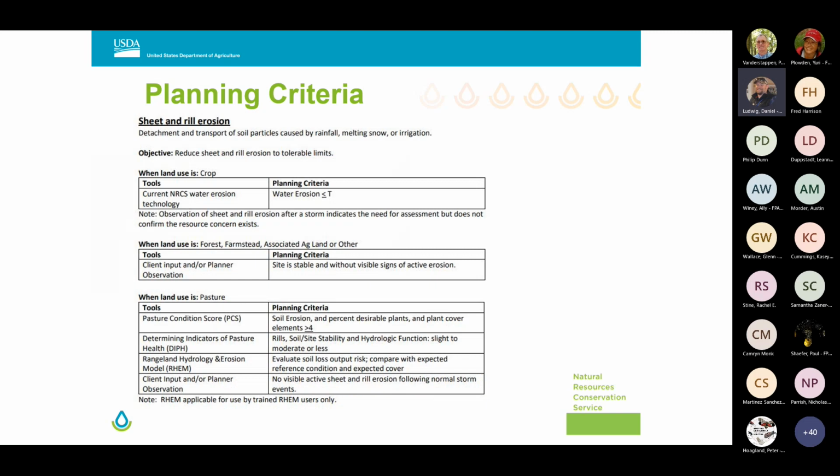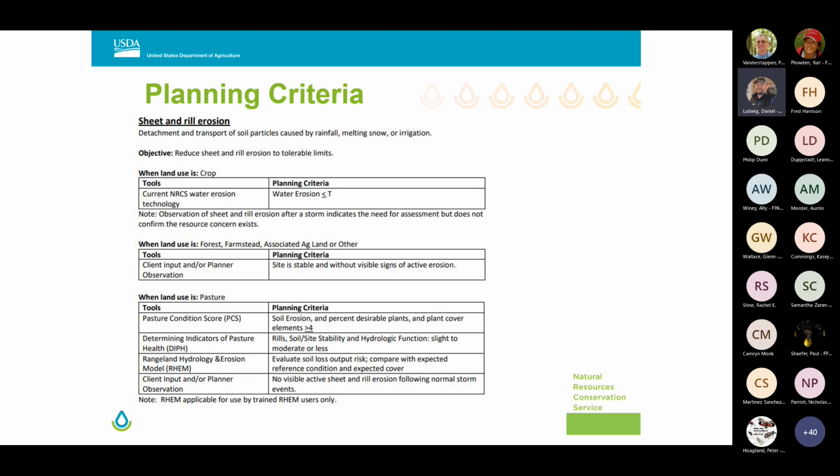So as an example for sheet and rill, it defines it. So we've got the detachment and transport of soil particles. And then some of these practices, it's broken down based on the land use. So we see in cropland, the tools that we can use to determine sheet and rill erosion are listed as current NRCS water erosion technology, otherwise known as RUSLE2.